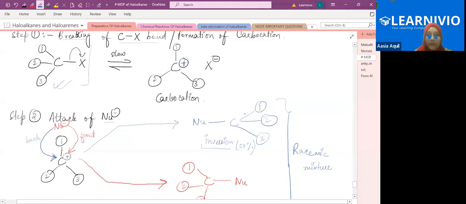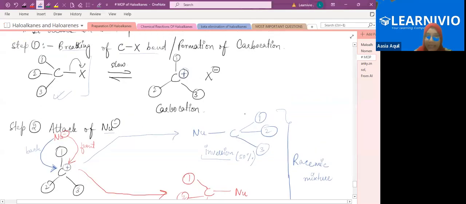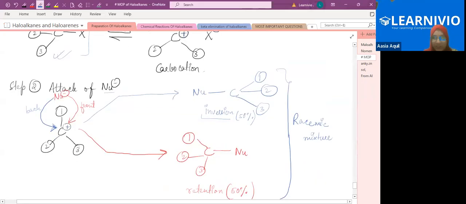Okay, see, Moniba. In an SN1 type of reaction, you will get a racemic mixture. Racemic mixture means 50% inversion product and 50% retention product. Just remember the difference: when the nucleophile attacks from the front side, the orientation is very similar to that of the substrate, so write a similar arrangement, just like your substrate.